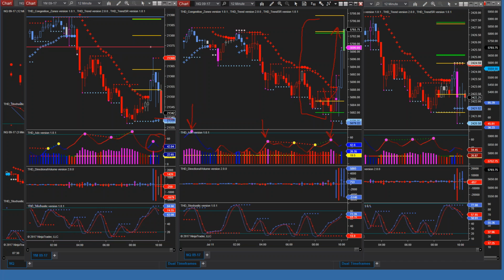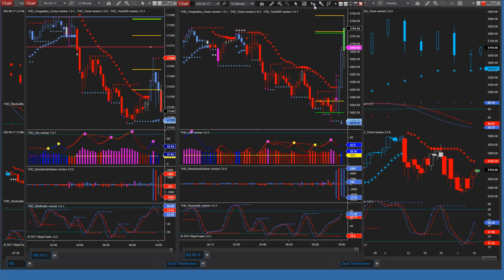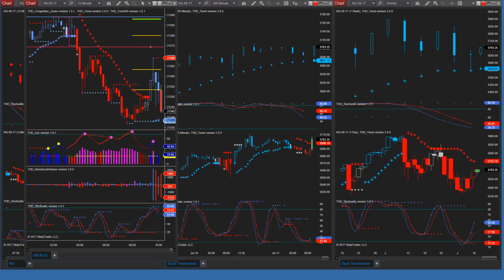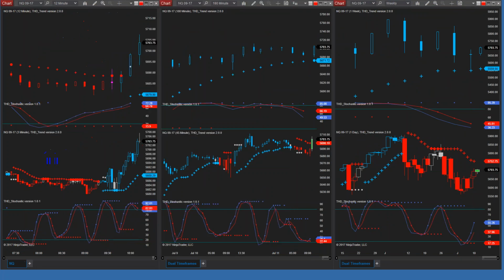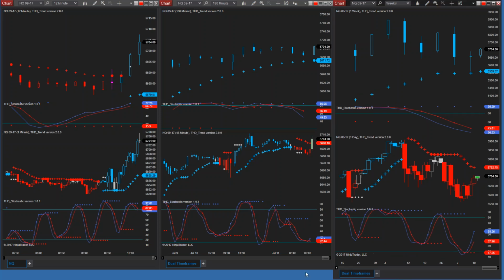Now, what do I typically use anytime I'm trading? Well, let me show you. I'm going to pull these off for a moment. And then I'm going to show you, these are the time frames that I look at.